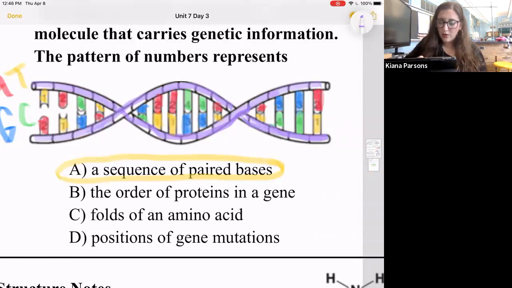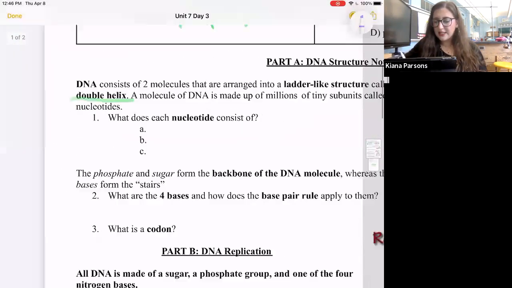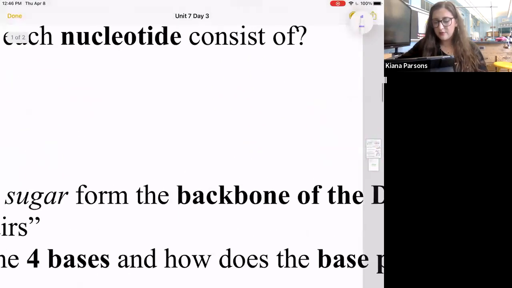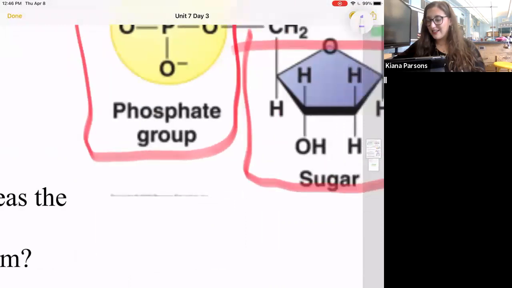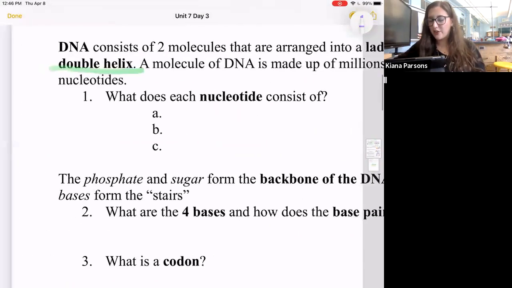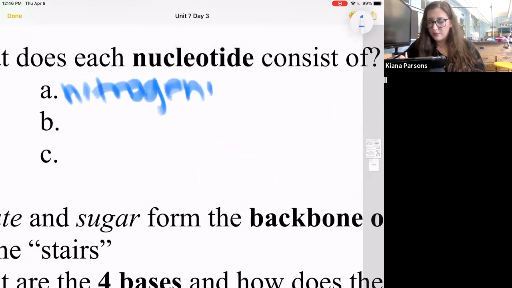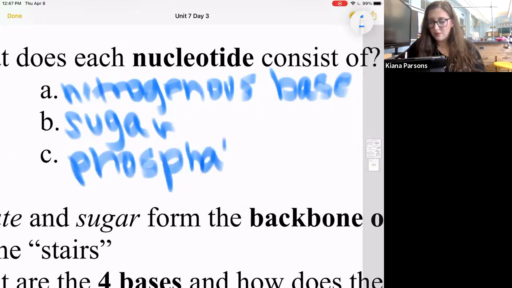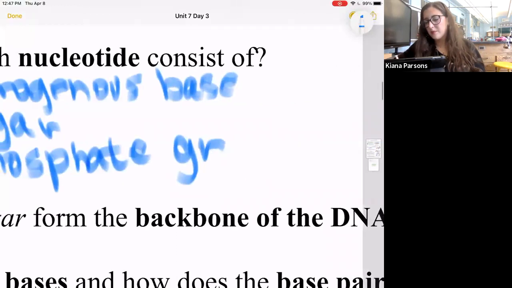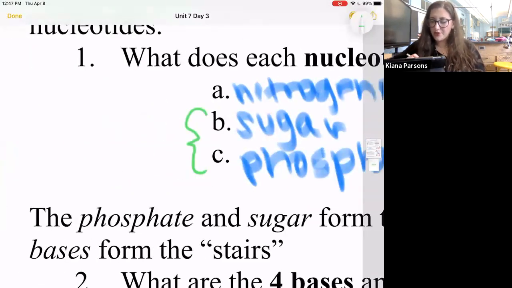Look at that, beautiful, beautiful molecule. All right, so each one consists of the nitrogenous base, the sugar, which in this case is deoxyribose, and the phosphate group. The sugar and the phosphate group make up the backbone.